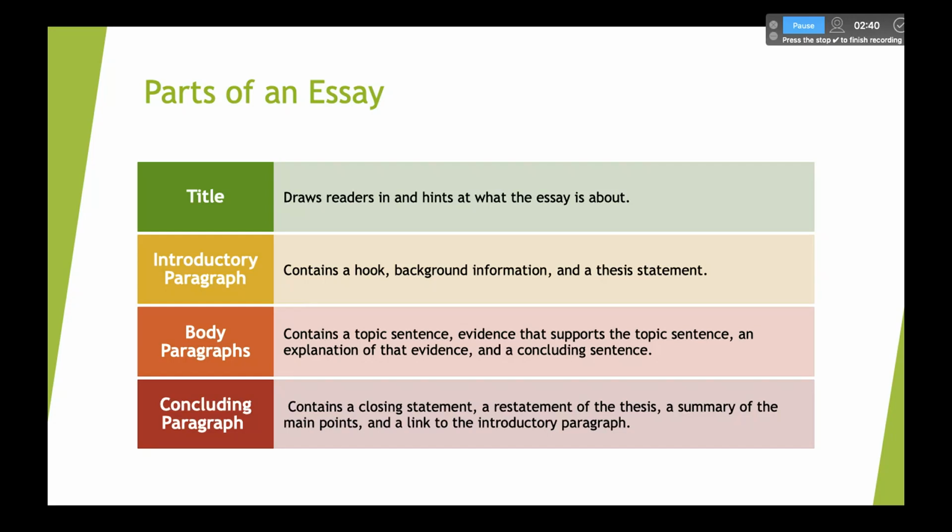It appears in the introductory paragraph, as you can see here. The intro contains a hook, background information, and a thesis statement. But I really like isolating the thesis statement to its own lesson because it's so important, and because of its importance, a lot of students tend to stress out over it and make it a little bit more difficult than it is. So that's what we'll be doing today.